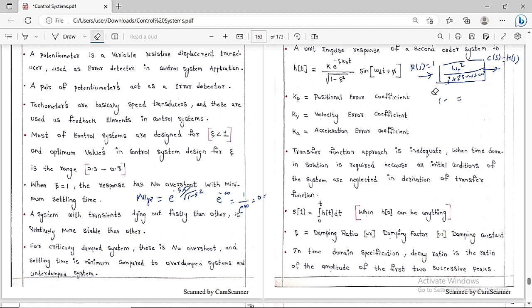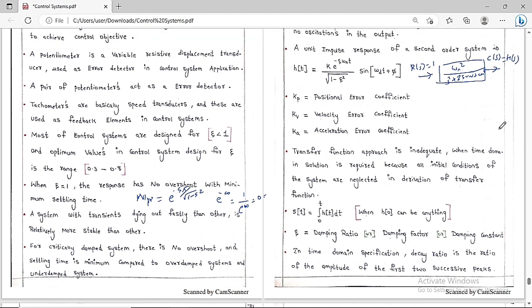So Kp is called the positional error coefficient, Kv is the velocity error coefficient, and Ka is the acceleration error coefficient. Kp is the limit as s tends to 0 of G(s)H(s).